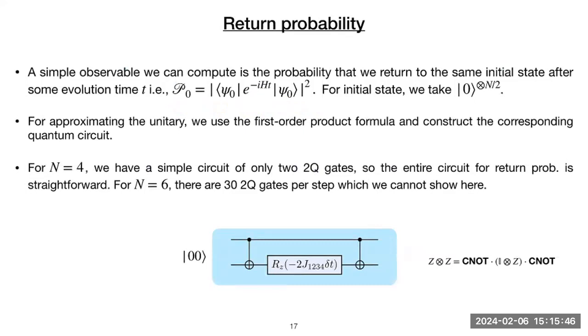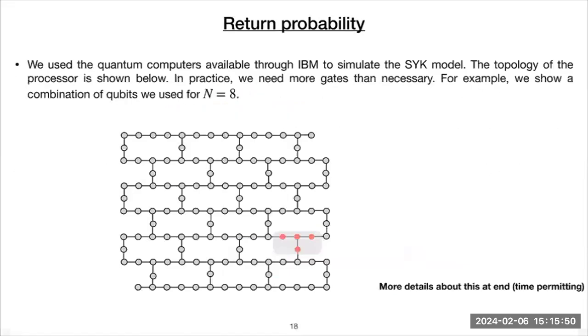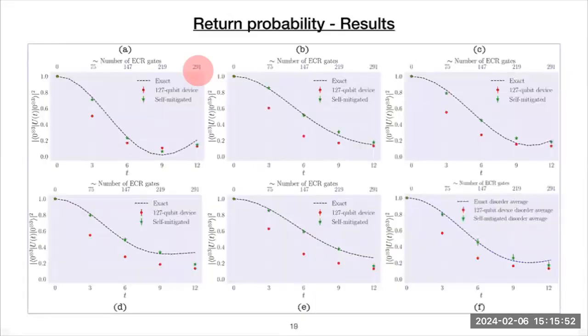We do that, and we show the results here, for example. We have 300 CNOT gates, and the black lines you see are the exact results in all the plots. These are 5 different realizations of the SYK model, 1, 2, 3, 4, 5.